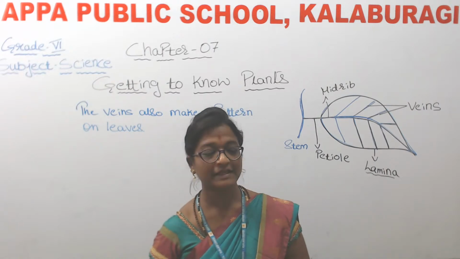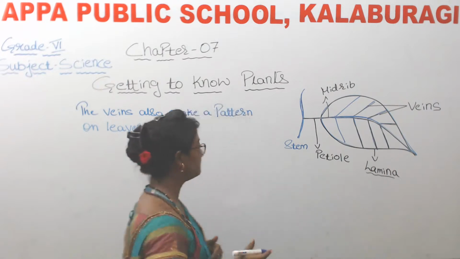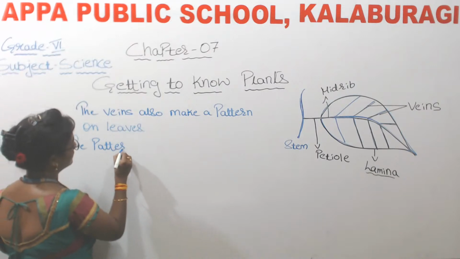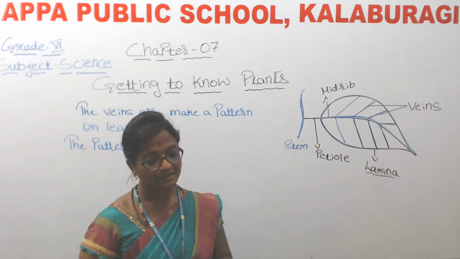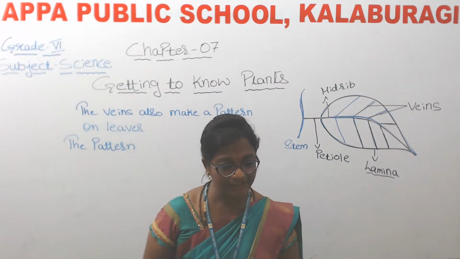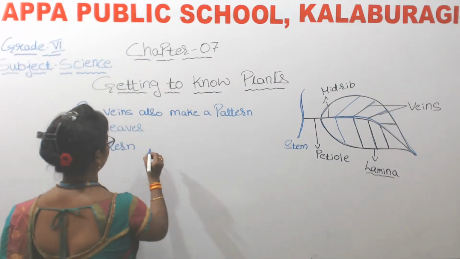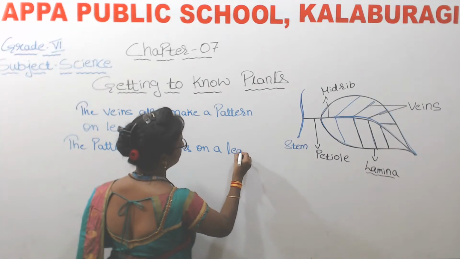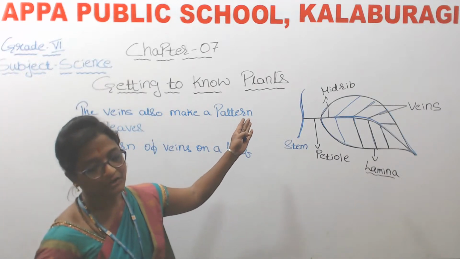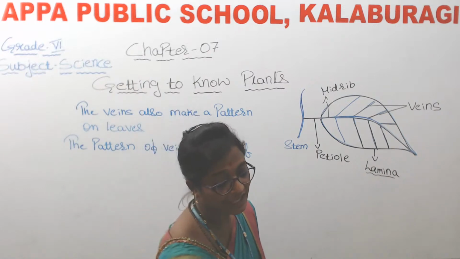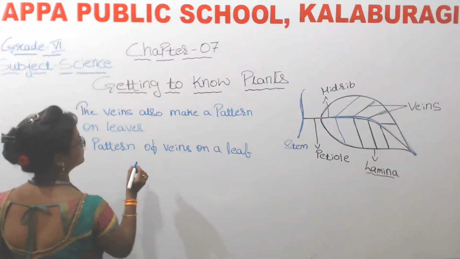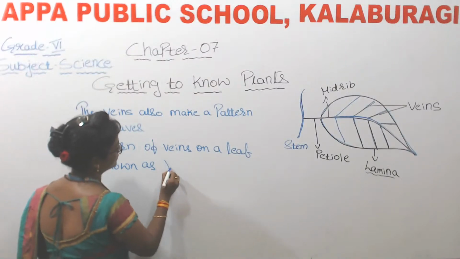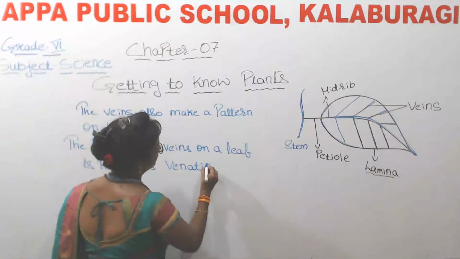Okay, so now what do you mean by leaf venation, children? The pattern of veins on a leaf is known as venation.